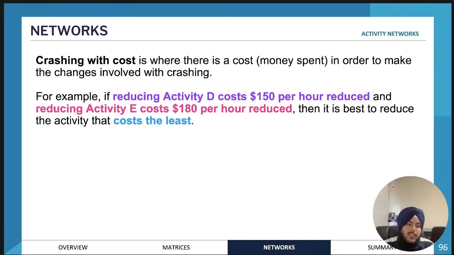So if activity D, for example, takes $150 per hour to reduce, and activity E takes $180 per hour to reduce, and they're both on the critical path, it will be much more beneficial to reduce activity D because that only costs $150.